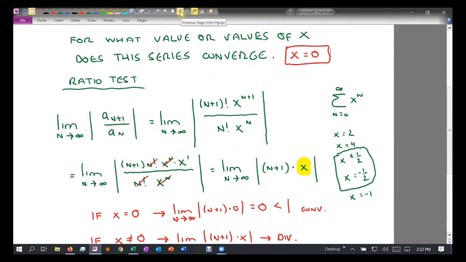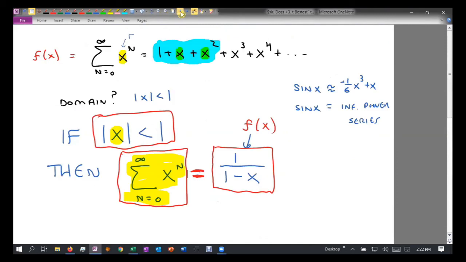I want to go back. For this power series that we did a little while ago, for what values of x would this one converge? The absolute value of x has to be less than 1, then it'll converge, right?